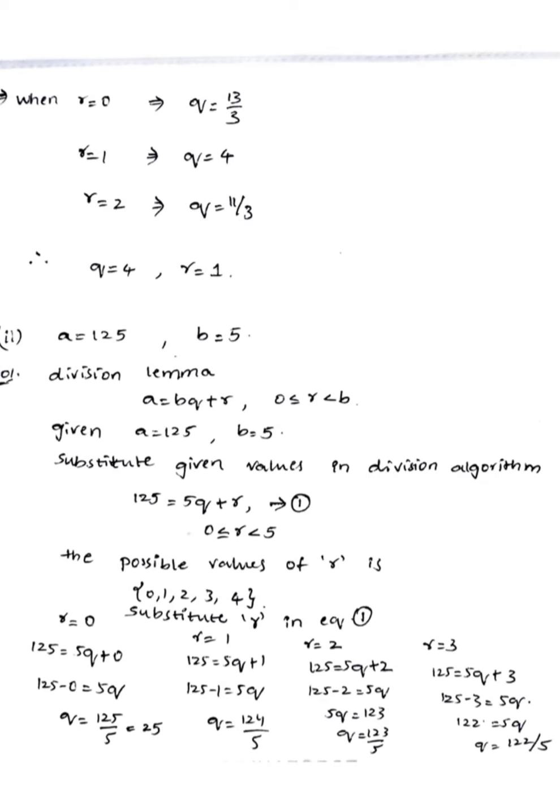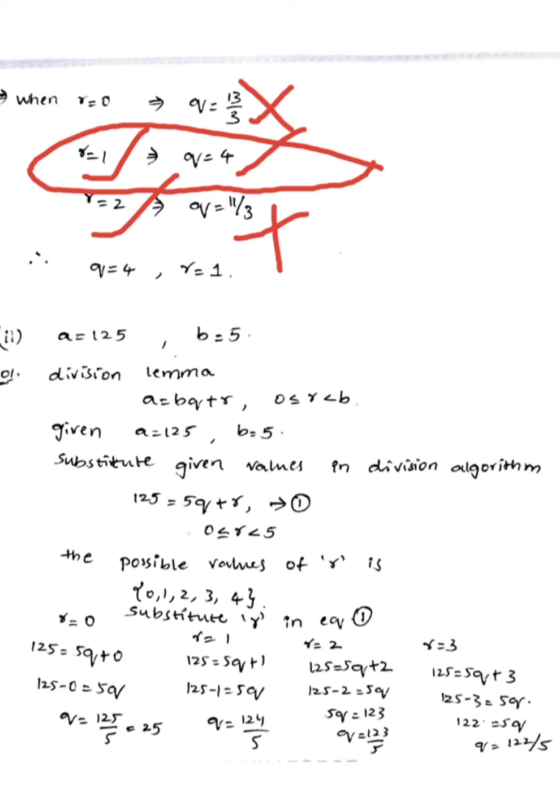We know from division lemma that q and r should be integers. Here q value is not an integer. Here q is an integer and r is an integer. Here q is not an integer and r is an integer. So we need to take this as the final answer. So the solution for a equal to 13 and b equal to 3 is q equal to 4 and r equal to 1.